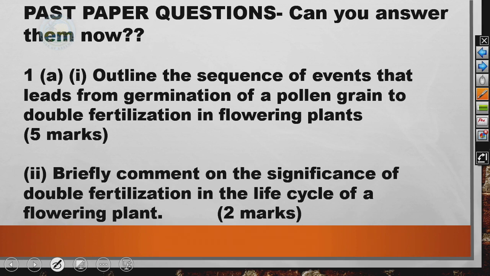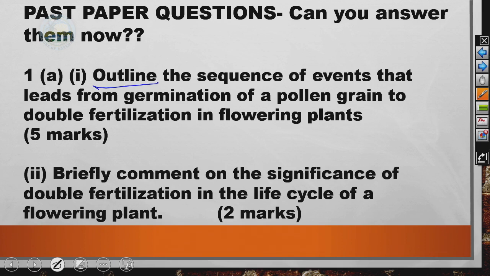Okay, so the question was: outline the sequence of events that leads from germination of a pollen grain to double fertilization in flowering plants. Good? So you were supposed to outline, right?